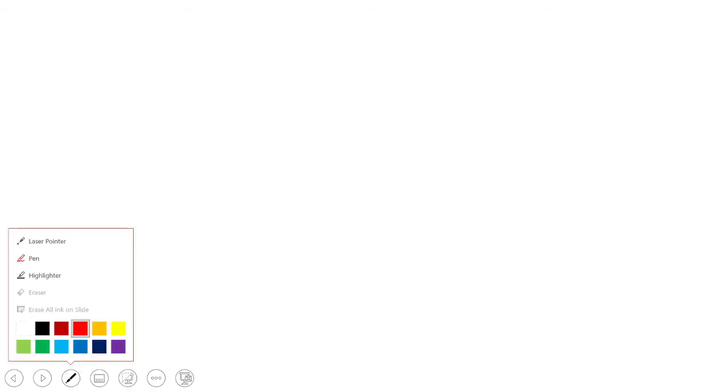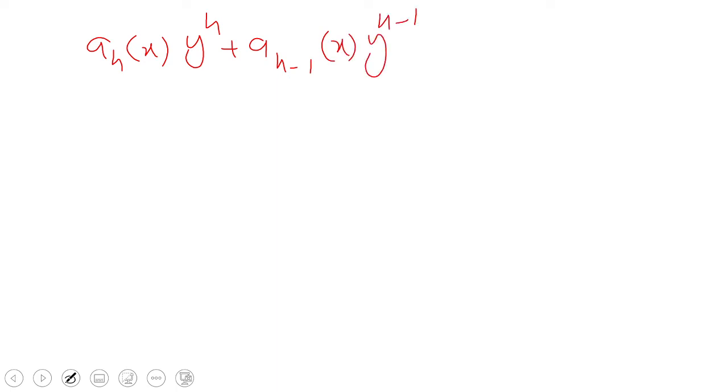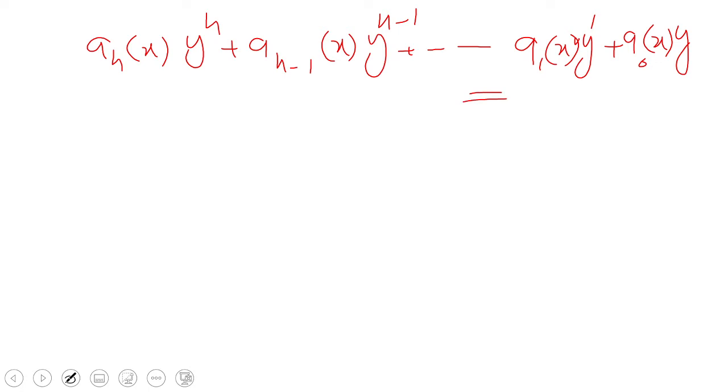We have an nth order differential equation. It can be written in this way: a_n(x) y^(n) + a_(n-1)(x) y^(n-1) + ... + a_1(x) y' + a_0(x) y is equal to some function of x.